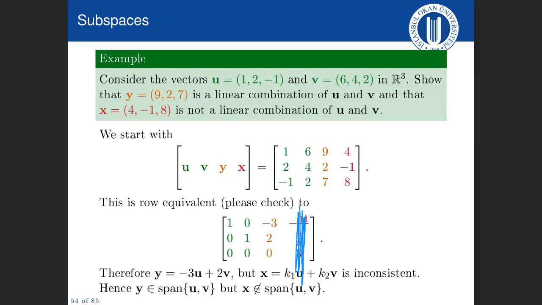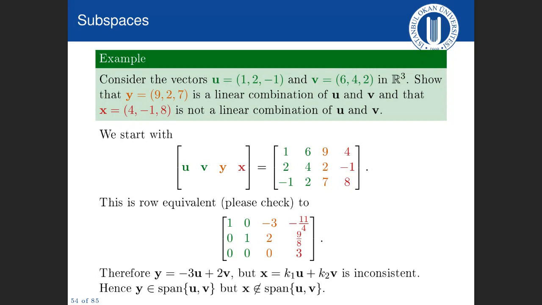We can see that if we just look at green and orange, then the linear system is consistent. That means that y is a linear combination of u and v. And in fact, we can read off that y is minus 3u plus 2v.